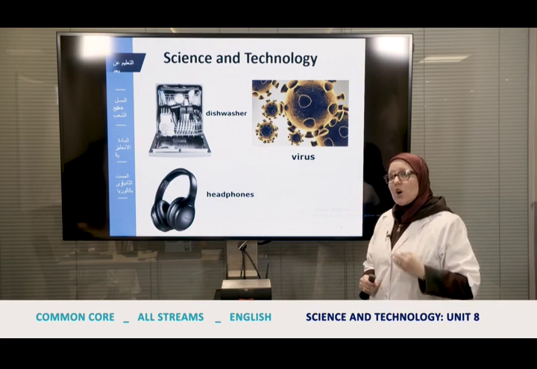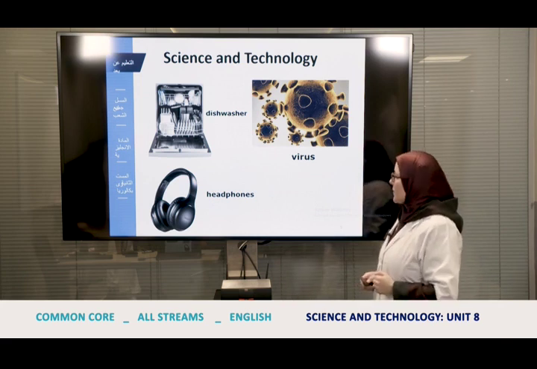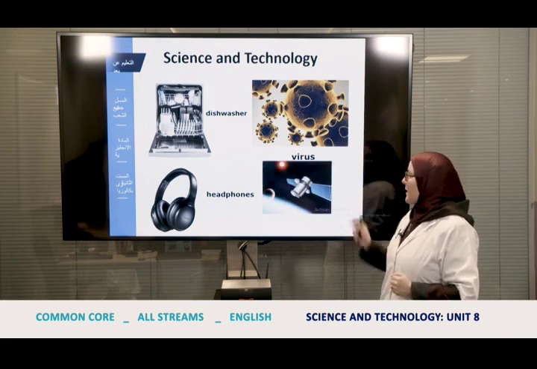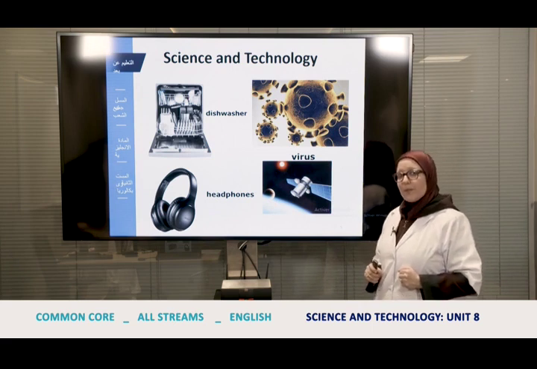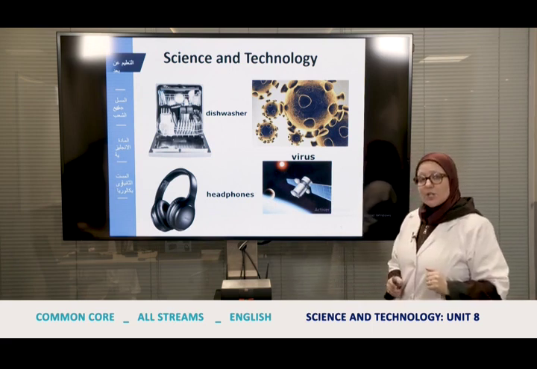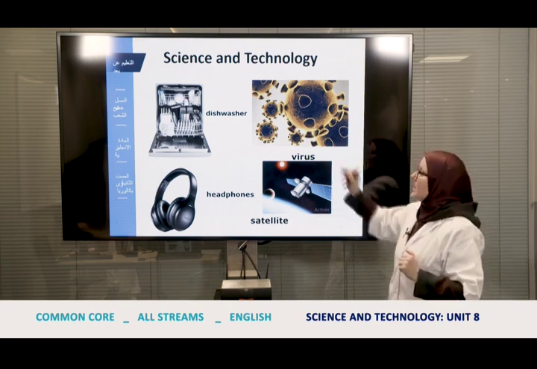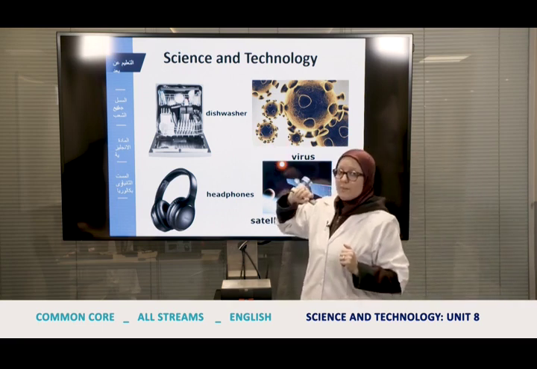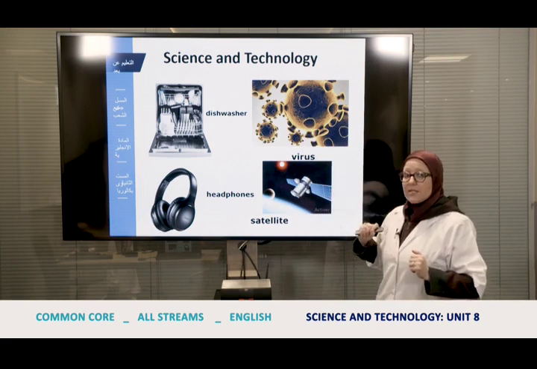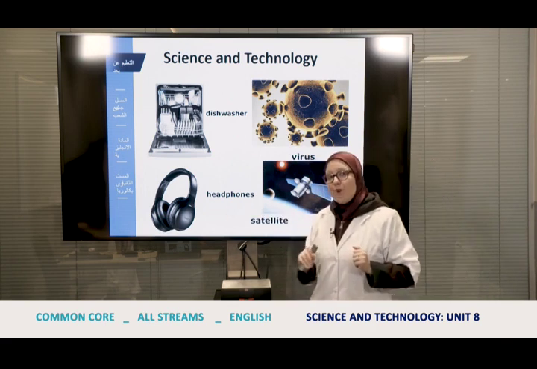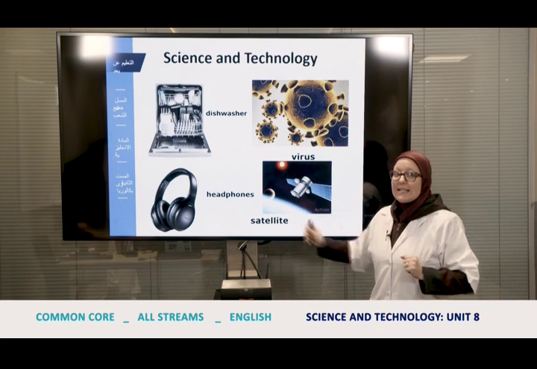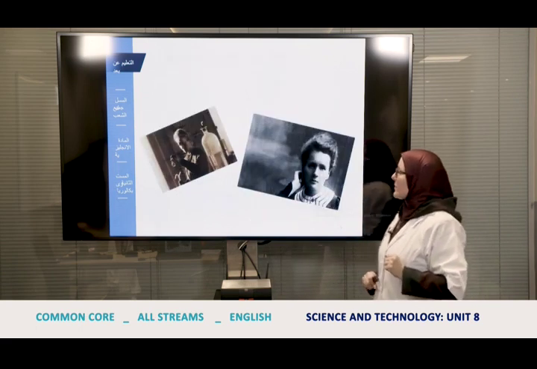In English, they are headphones. And of course, do you know this picture? It's a satellite, all right? Repeat. Dishwasher, virus, headphones, and satellite.